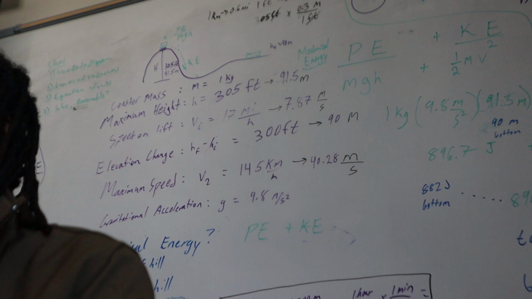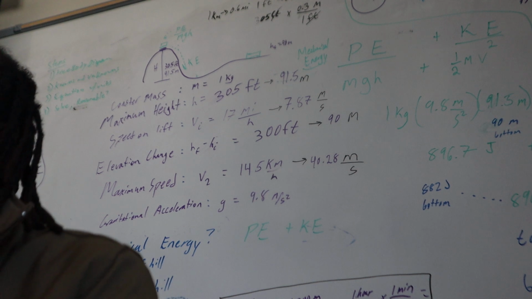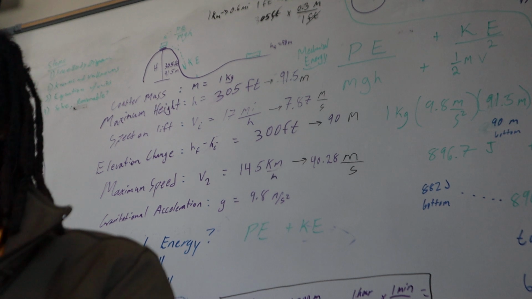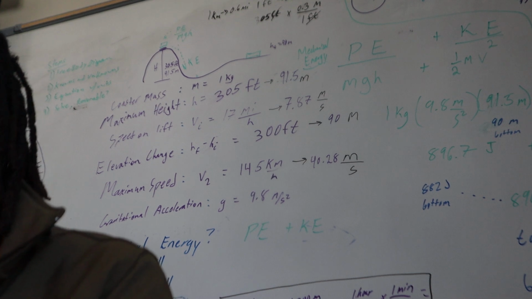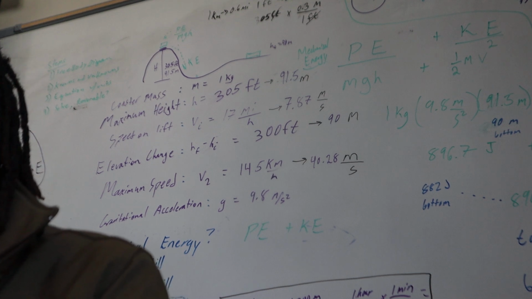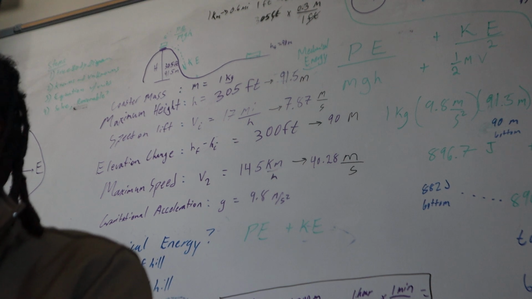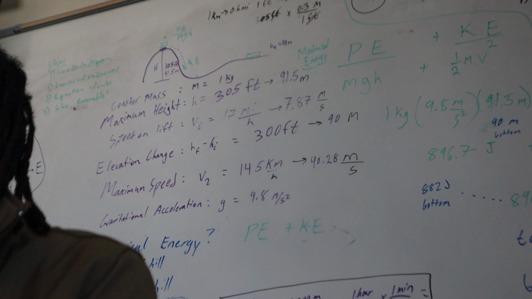So let's see the speed of a bullet. A rifle bullet travels around 2,700 miles per hour.